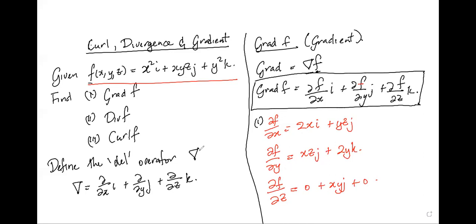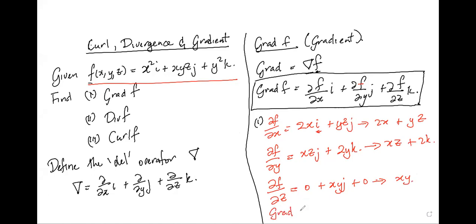All right. Normally the function we consider without the i, j, k. So the derivative with respect to x, we're just going to write it as 2x plus yz. The derivative here is xz plus 2y, and the derivative here is xy.